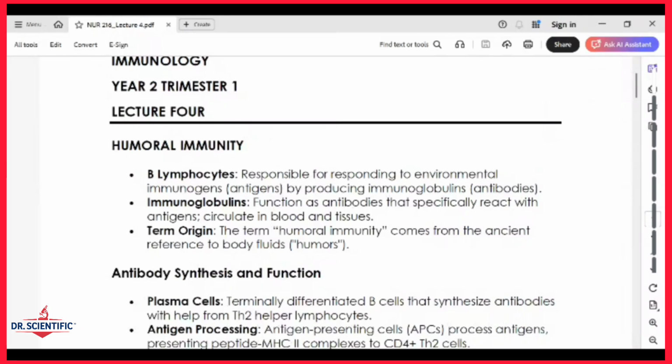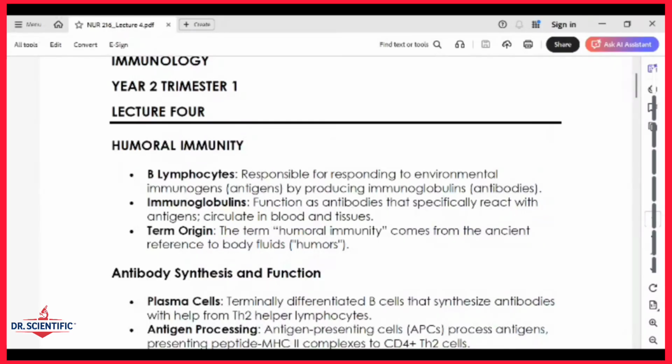We established that helper T cells are the ones that usually assist B cells. We did agree that way. But among the helper T cells, we have a specific subpopulation that works with B cells. That is what I'm asking.